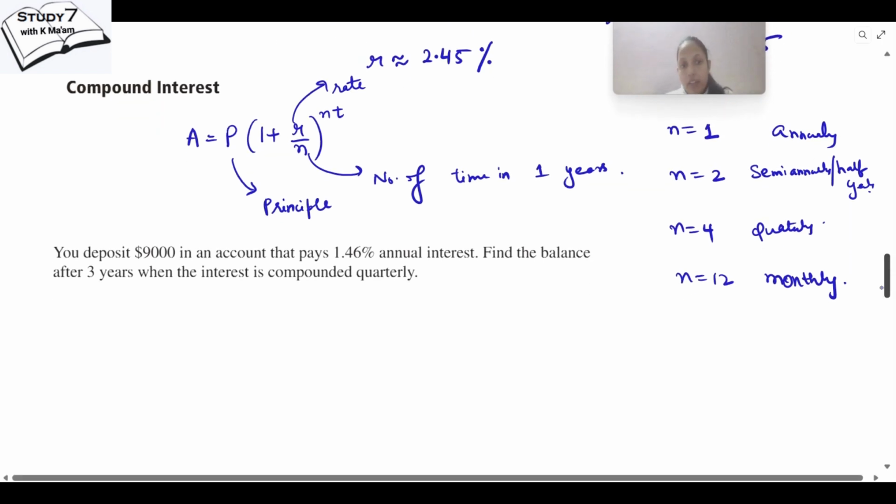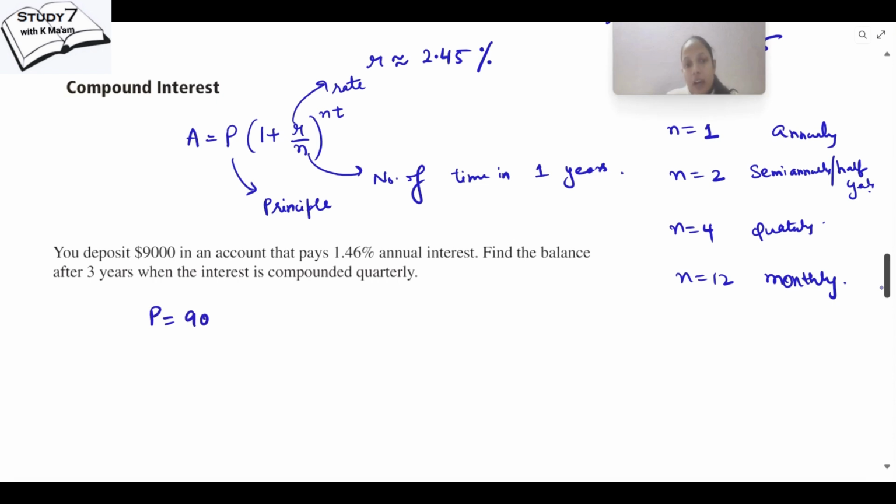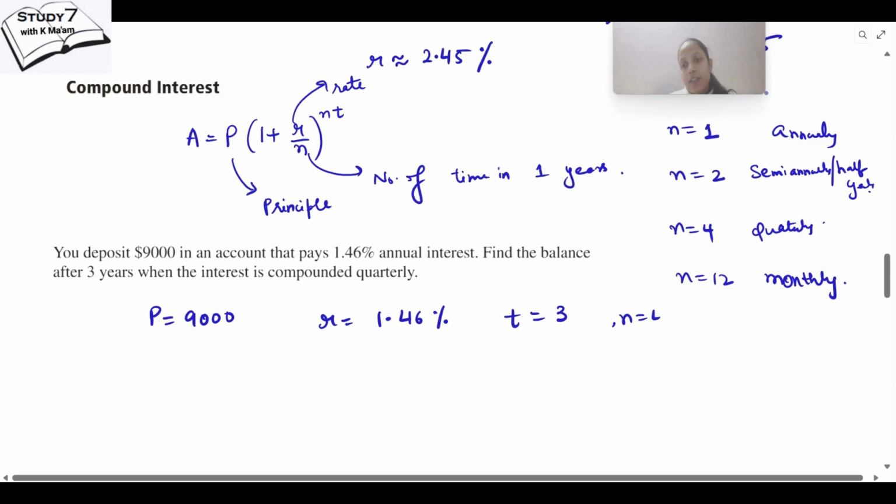We are provided with a deposit amount, that means the P value is 9,000. It pays this interest, so the rate of interest is 1.46%. Find the balance after 3 years. So that means t is 3, and compounded quarterly means n is 4.